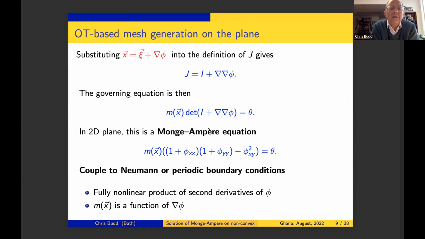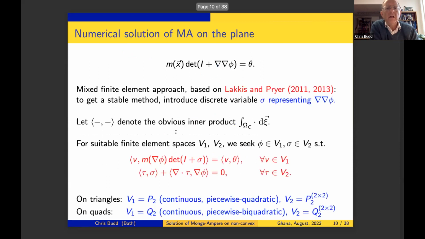So pretty well any method which solves it to some degree will be fine, providing it's stable and it's fast. Okay, so we want to solve the equation in blue, but we don't need to solve it too well, and that's important because we don't want to spend a lot of time solving the mesh when actually what we really want to solve is the PDE itself. Okay, so that's the equation that we're going to solve. Let's talk about how we solve it.